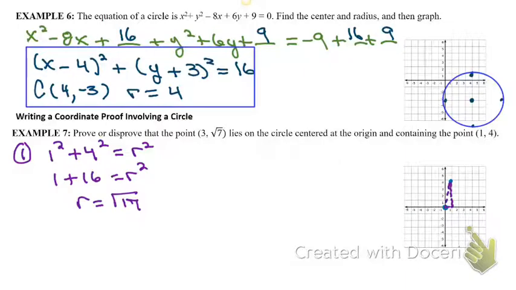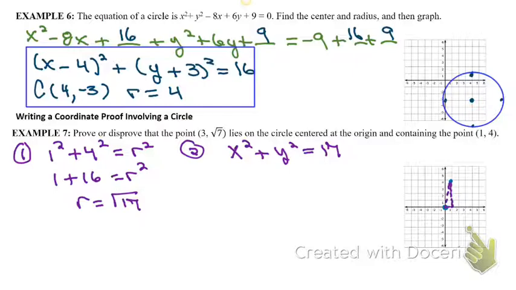So we know the equation of the circle is x squared plus y squared equals 17, because remember, you have to square the square root of 17. And then we're going to see if 3, root 7 is on the circle. How do we do that? We can just plug in the numbers.